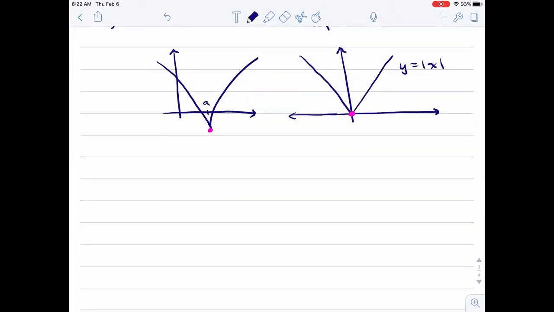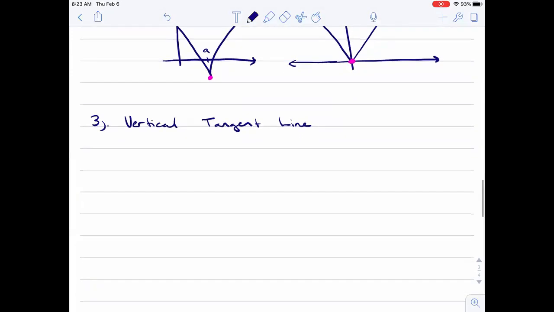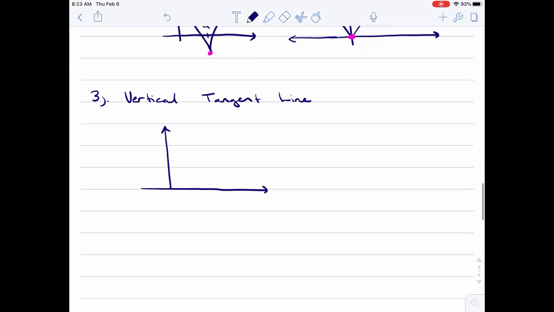The third option is if you have a vertical tangent line. So a vertical tangent line might look something like this.